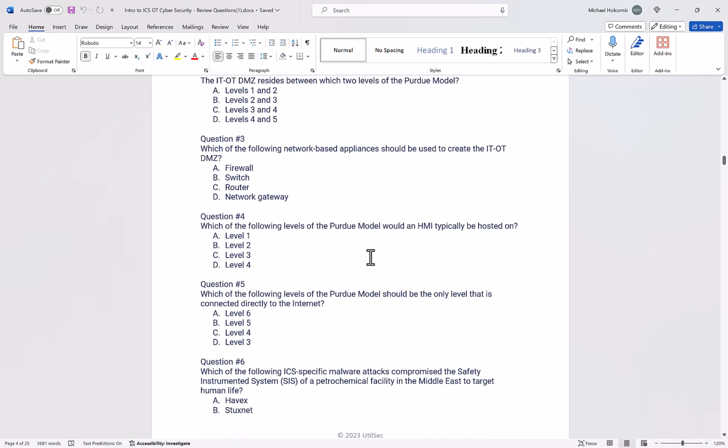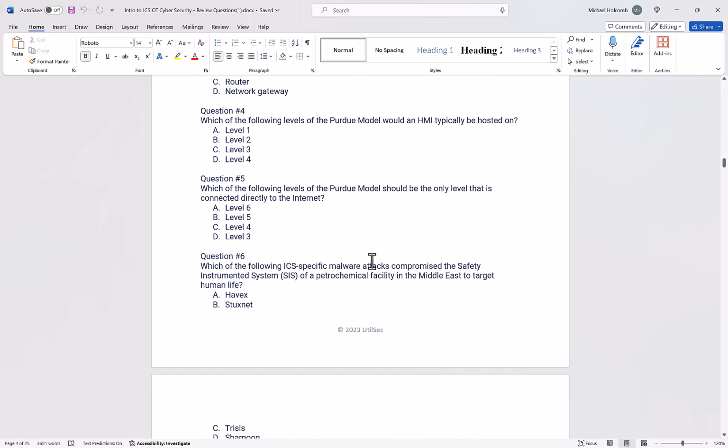All right, let me scroll these up a little bit. So question 4, which of the following levels of the Purdue model would an HMI typically be hosted on? If we go back to our earlier example where we were starting with sensors at level 0, remember that they feed data into a PLC.